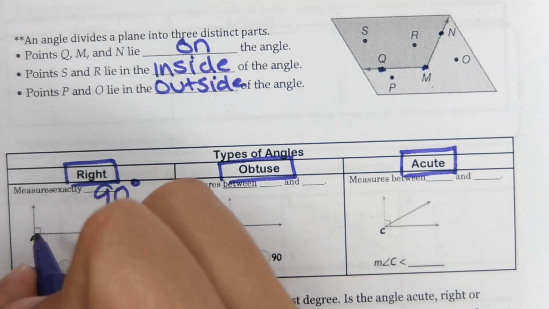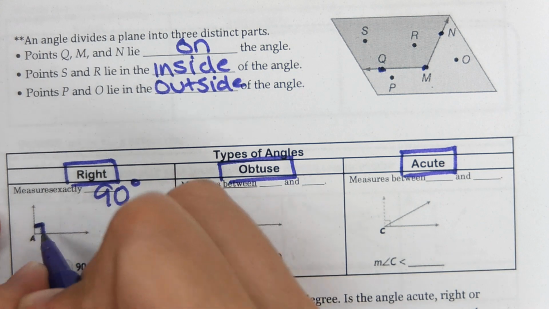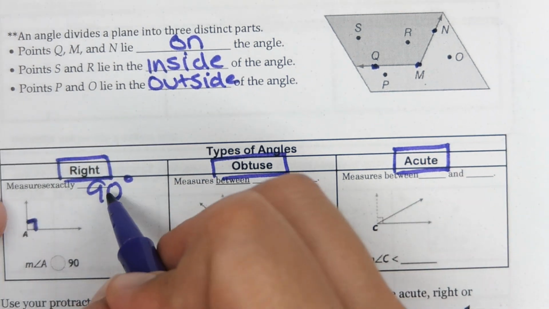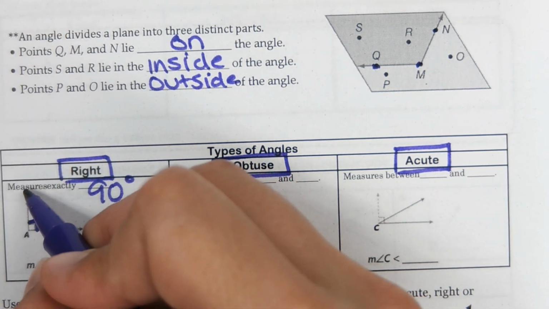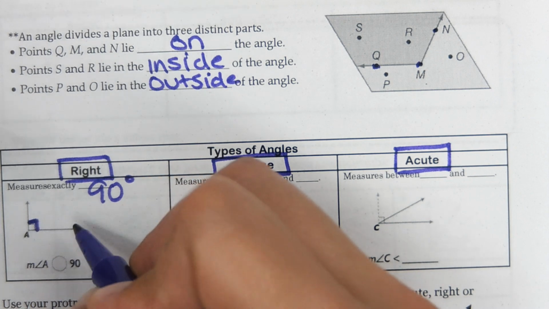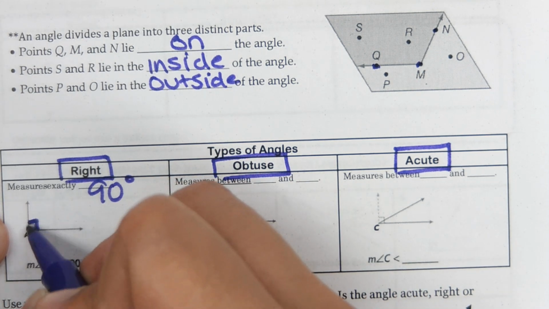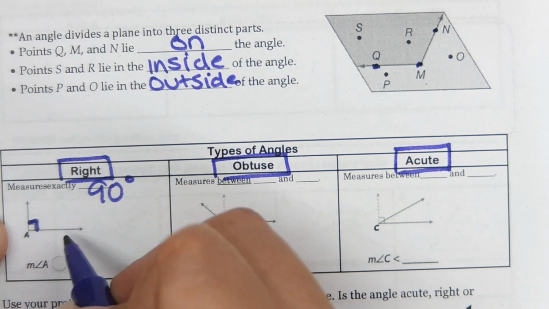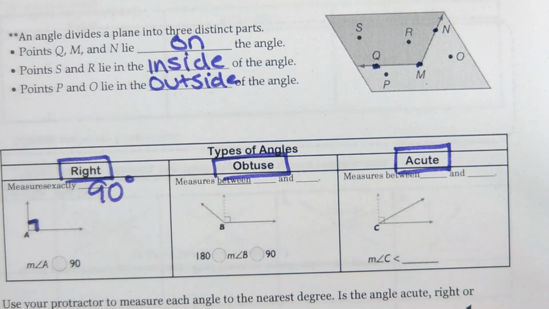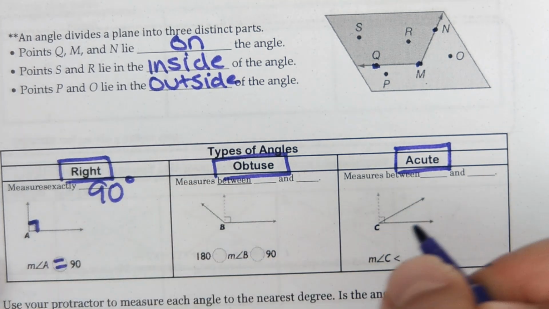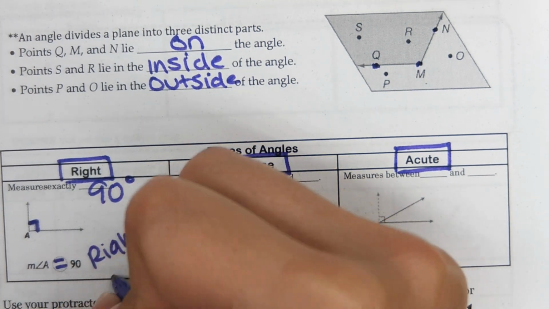And when you see a right angle, you'll see this little square right here, and that means that it's a right angle and it measures 90 degrees. A right angle is exactly perpendicular, like this is straight up and down and this is straight across to make that 90 degrees. So angle A equals 90 degrees, it's a right angle.